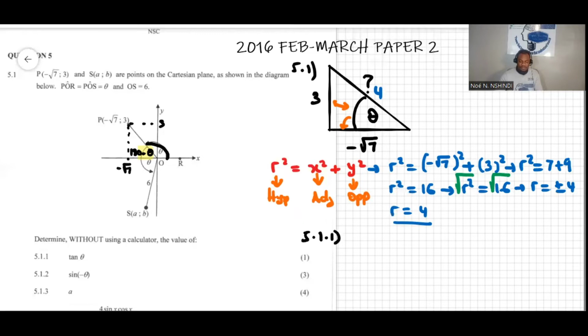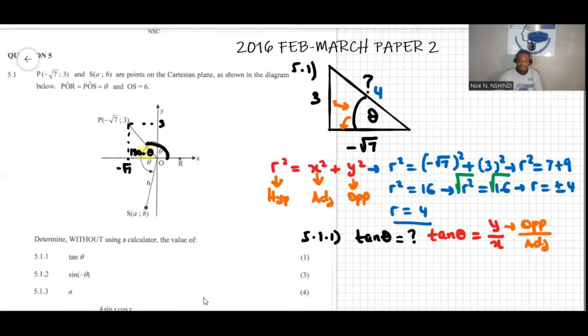5.1.1, we want tan of the angle theta. From the trig functions, tan theta is equal to y over x, where y is the opposite side, opposite to the angle, and x is the adjacent side.